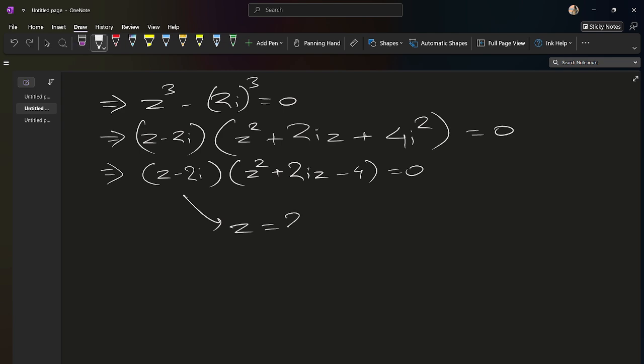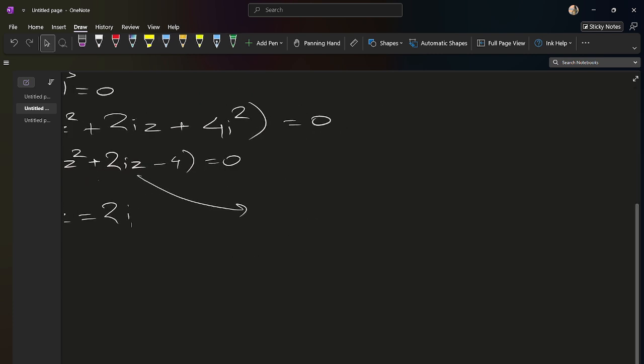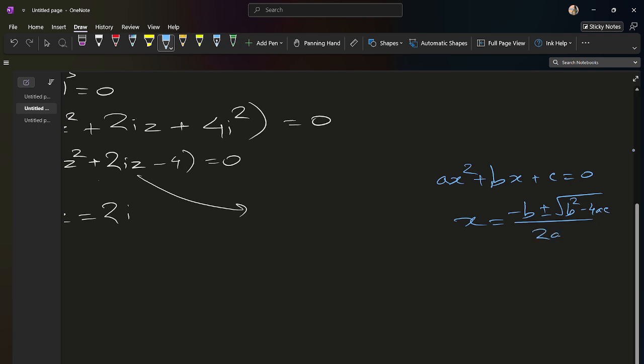Now we are going to find another root. So how can we find it? That will come from this quadratic. We are going to use the Sridharacharya formula. We know that if a given quadratic equation is ax square plus bx plus c equals 0, then we can get the roots as minus b plus minus root over b square minus 4ac, by 2a.